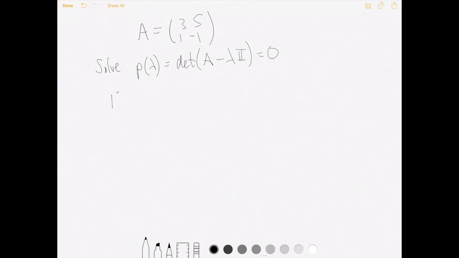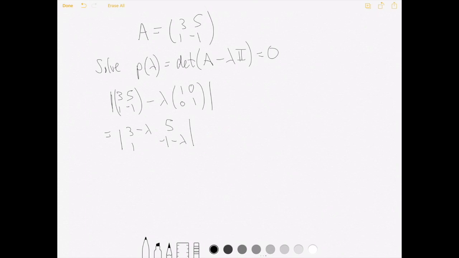Well, that's 3, 5, 1, minus 1 minus lambda times the two-dimensional identity matrix. Right, so that is the determinant of 3 minus lambda, 5 minus 0, 1 minus 0, and minus 1 minus lambda.